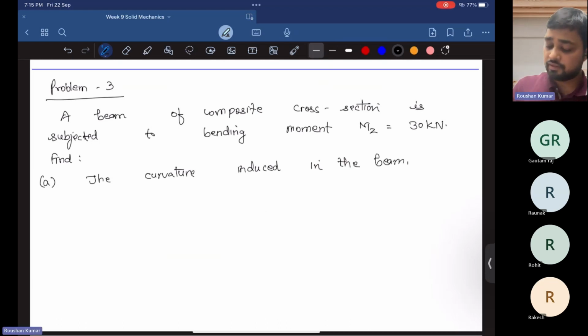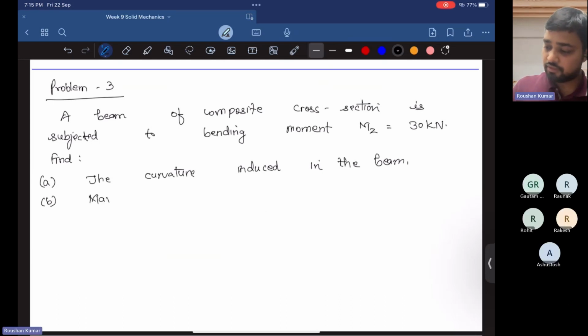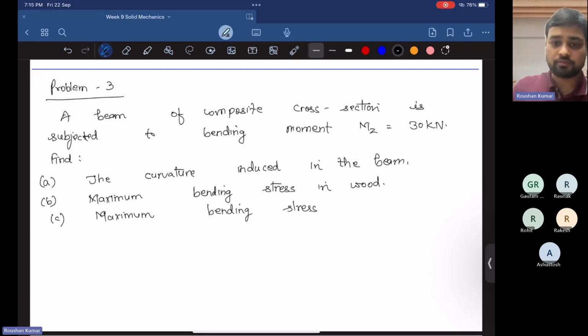The next part of this question is maximum bending stress in wood. And the third part of this question is maximum bending stress in steel.